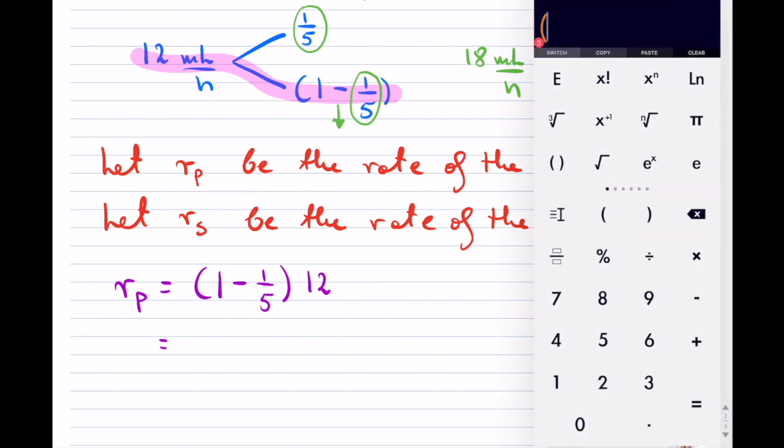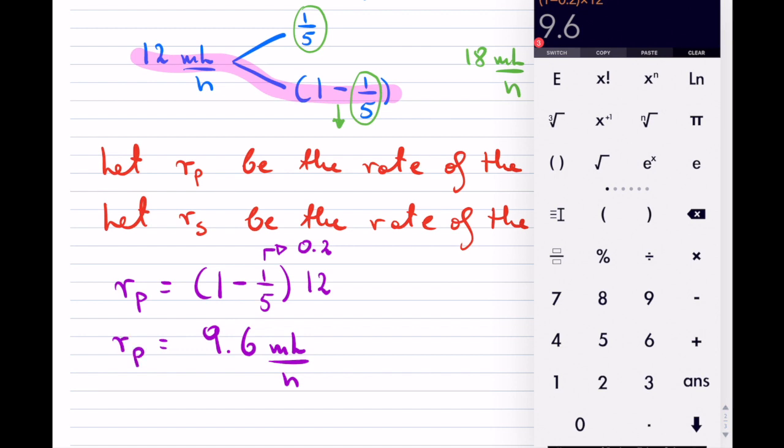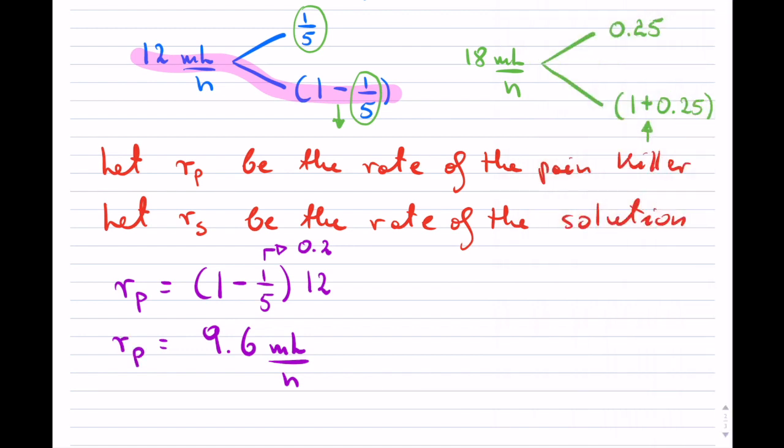So I have 1 minus 1 over 5. Okay, so you can check for yourself. This is actually 0.2. So I will input it as a decimal multiplied by 12. And that gives me 9.6 milliliters per hour. So that is the new flow of that painkiller.